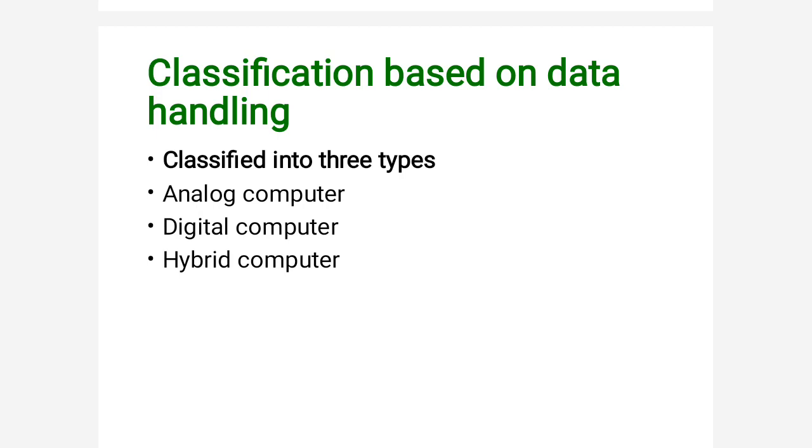Some of the computers are going to take input in a different form, perform different operations on that, and might not take a large amount of data. Based on those, we can classify the computers into three types. Those three types are analog computers, digital computers, and hybrid computers. Now let us look into it in detail.